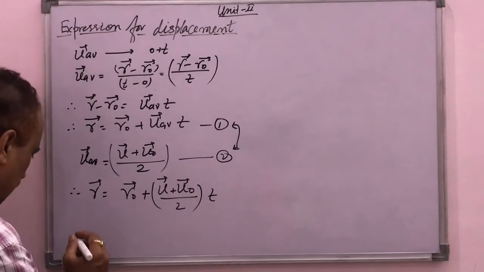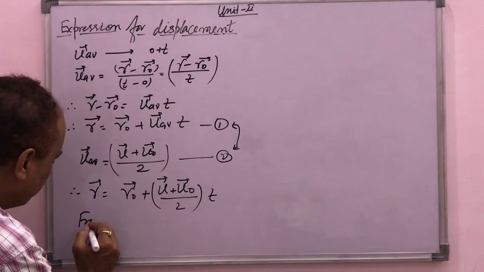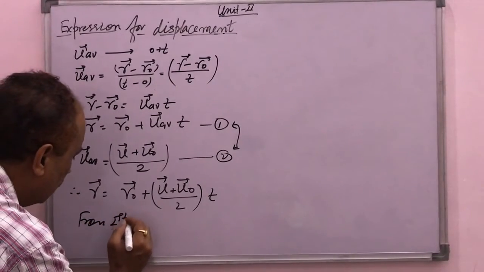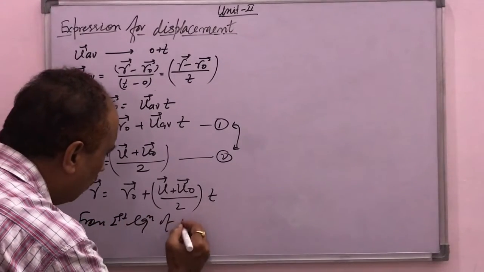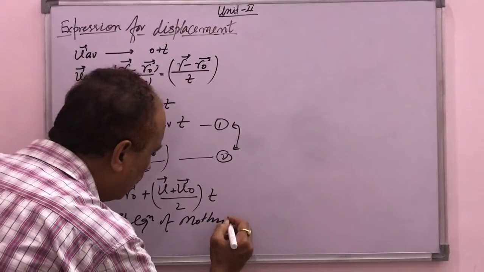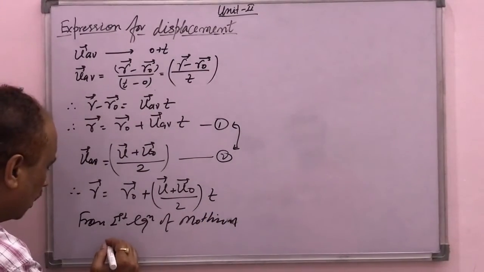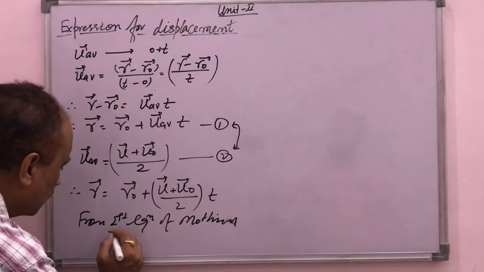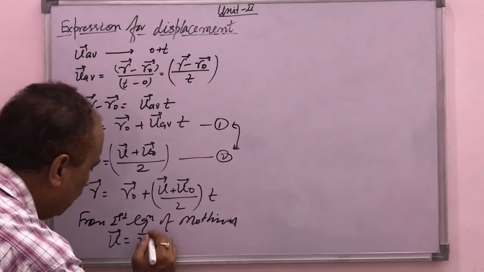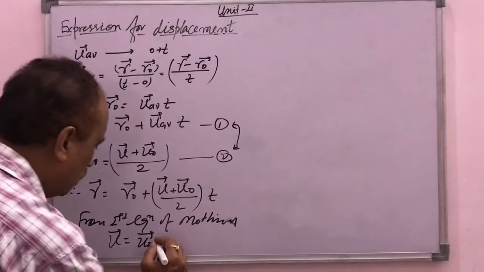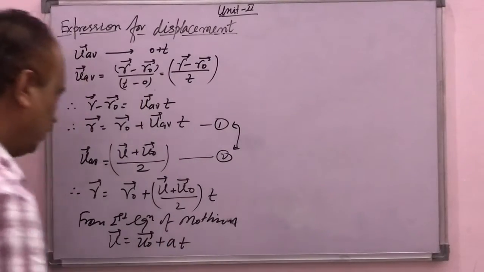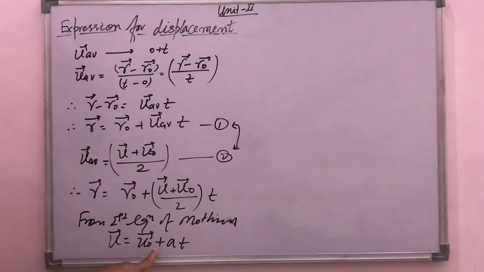Then again we use the value of V from the first equation of motion. From the first equation of motion, we know that the final velocity V vector will be equal to the initial velocity V naught plus A t. Actually the equation is V equal to U plus AT.